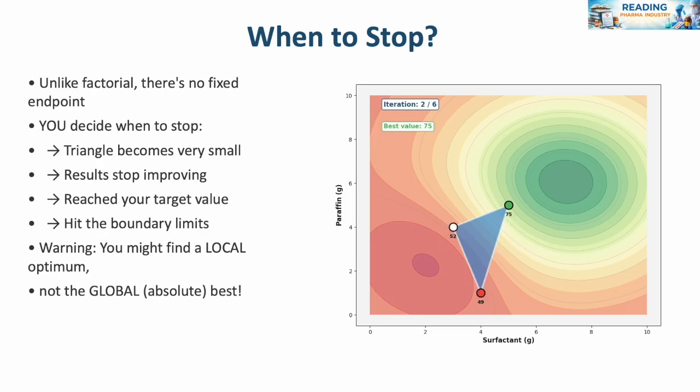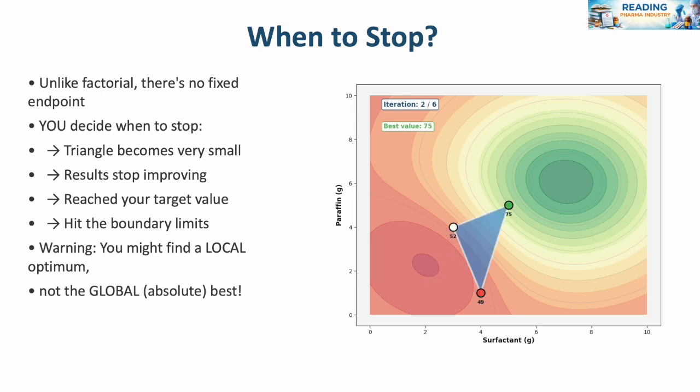Now the question is, when do you stop with doing all these measurements? The difference from the factorial design method we showed before is that there is no fixed endpoint. So you decide when to stop. And often there are some criteria.